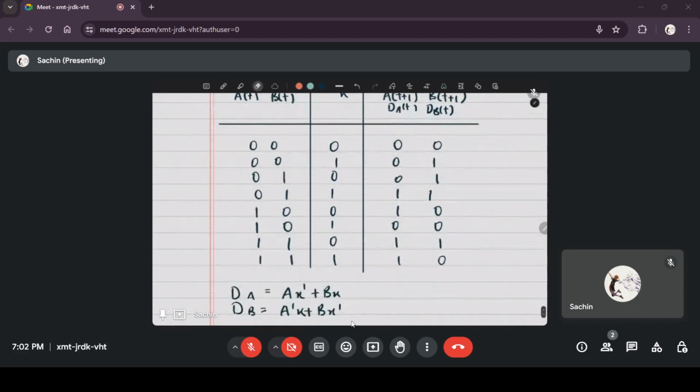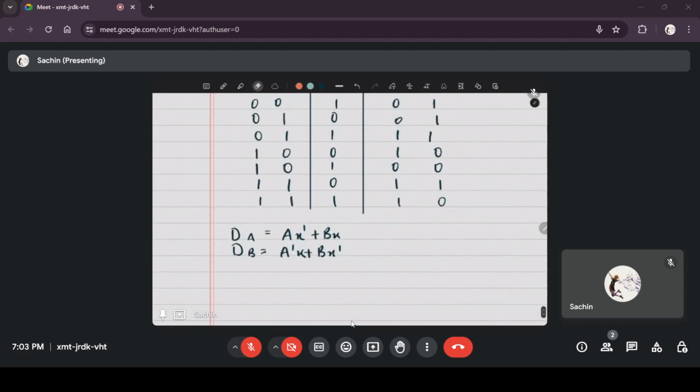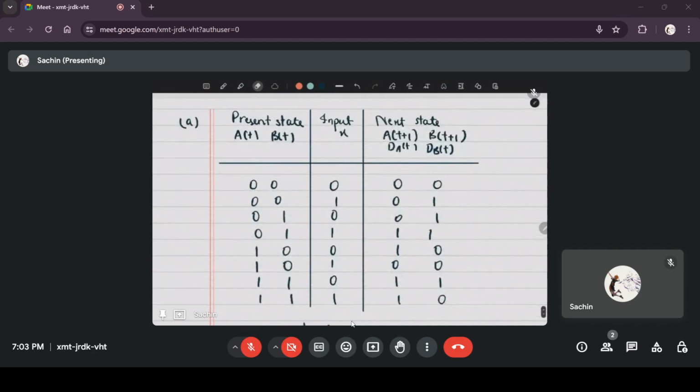When x is 1, dB will be equal to A prime. We can see when x is 1, A is 0, dB is 1. A is 1, dB is 0.